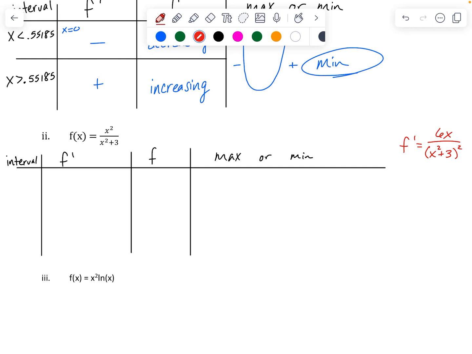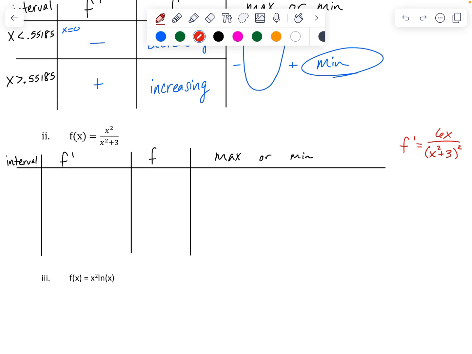All right, I need to figure out what are my critical points, where is this equal to 0, and then once I've got where that's equal to 0, then I can find my intervals.